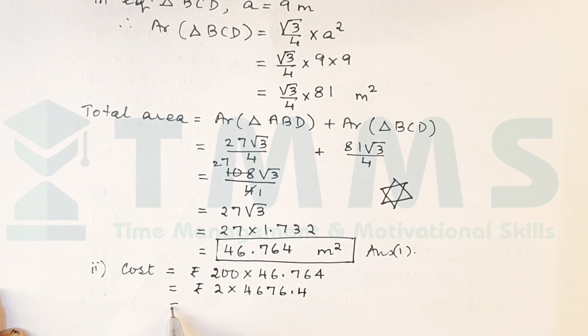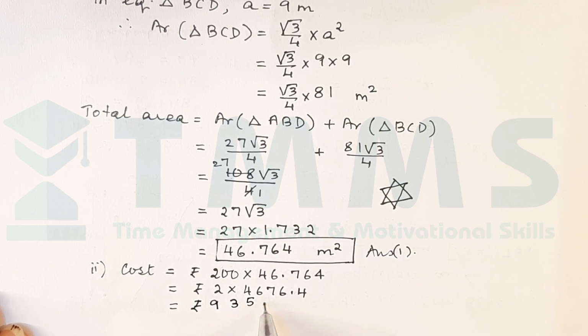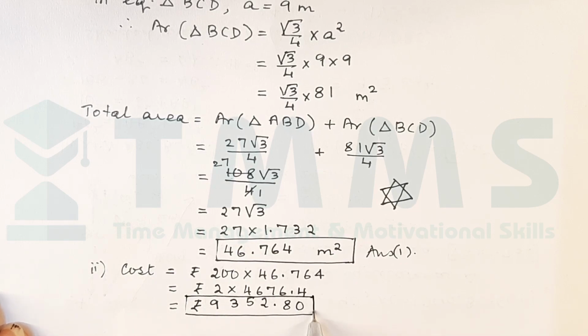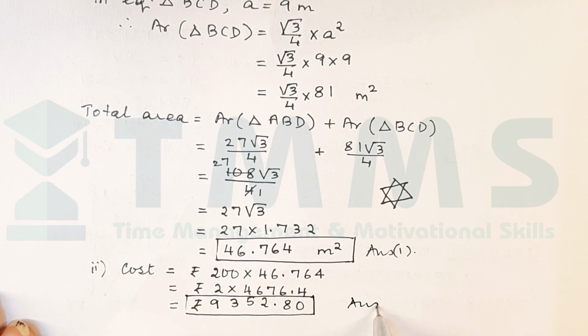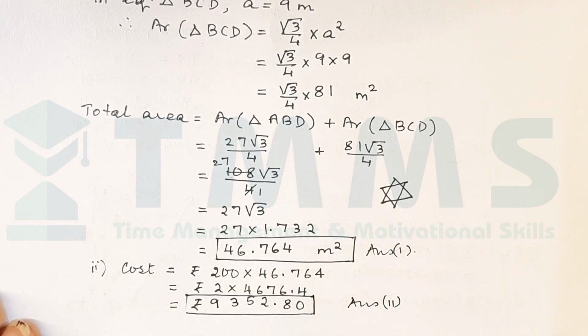Are you finding it easy? Now multiplying this by 2 is also easy. How much is it? Multiply quickly. Did you get that right? Rupees 9352.80. And that is our answer.